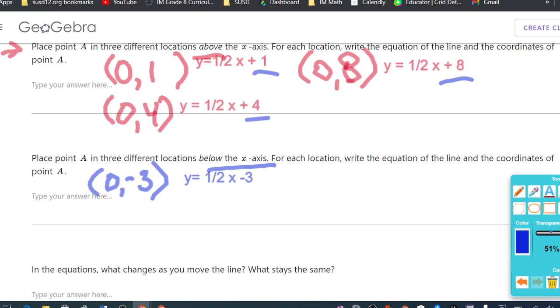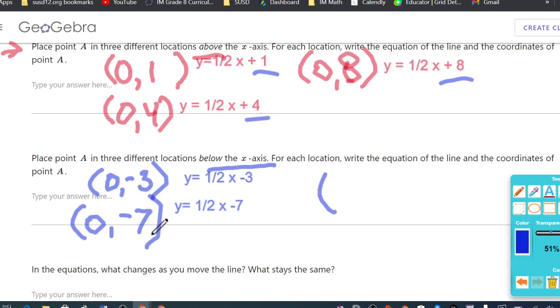What if I put my y-intercept at x equals 0, y equals -7? Now, what is the equation of the line going to be? Well, it's 7 units down. So y equals, the slope stays the same, 1/2, times x minus 7, because it's 7 units down.